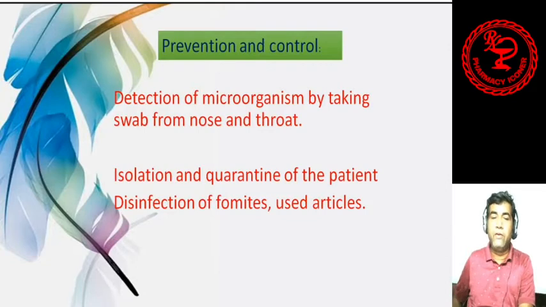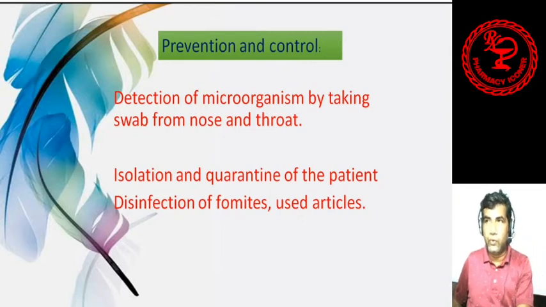Then prevention and control. First, detection of the microorganism by taking a swab from the nose and the throat. The microorganism is detected microscopically or with an antigen test. Then the patient must be isolated and quarantined. As it occurs in very young children, it is easy to isolate the patient.